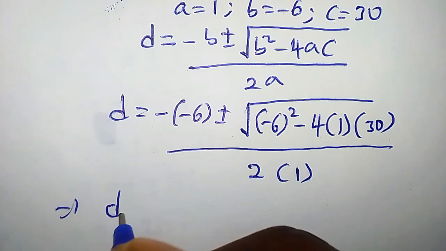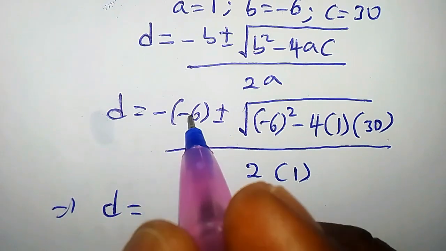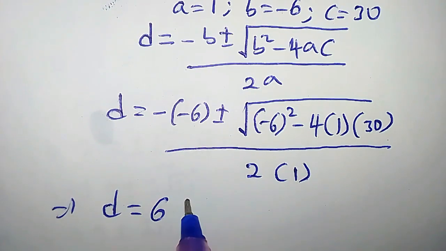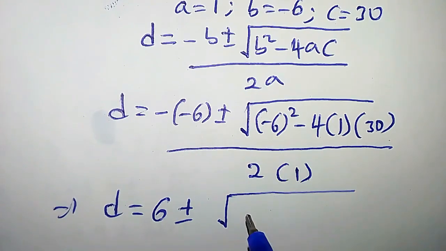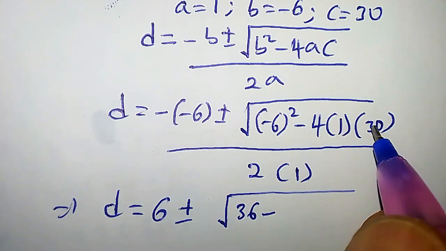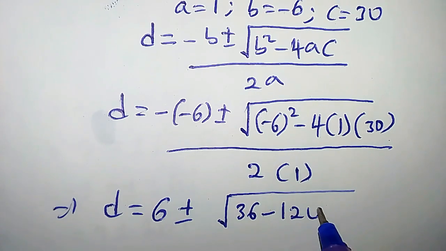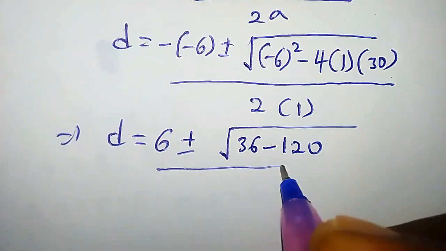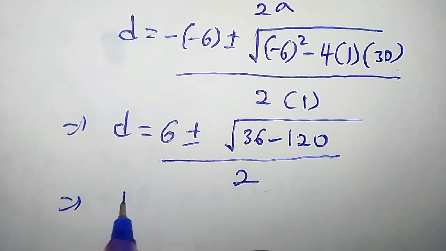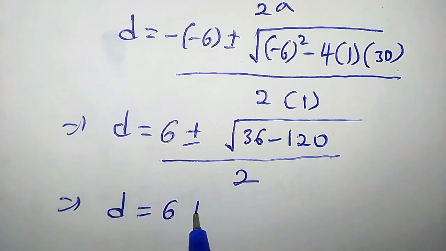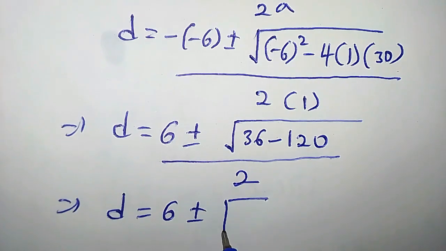This means that d is equal to minus times minus 6, that is 6, plus or minus the square root of minus 6 all squared, that is 36, minus 4 times 1 times 30, that is 120. Everything divided by 2 times 1, that is simply 2. So d is equal to 6 plus or minus the square root of 36 minus 120, that is negative 84.